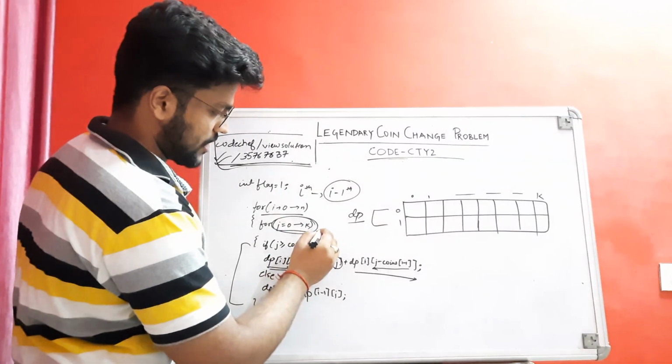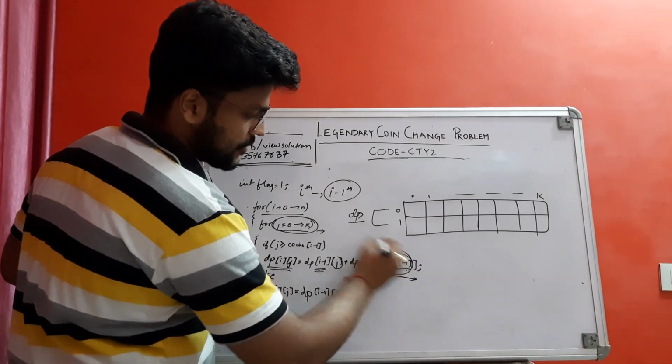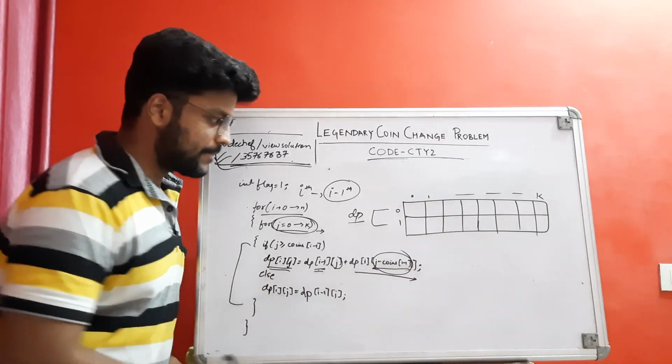I am filling j from the starting, and I am using the previous value of j filled in the current array.